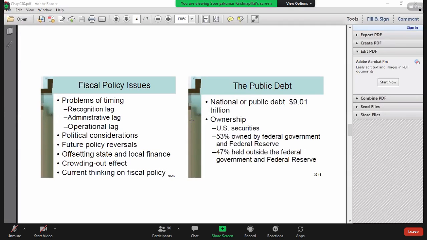So it will not reach its purpose. Because of future policy reversal, it will not have an effect. If the government reduces the tax, people will spend more and consumption will increase.